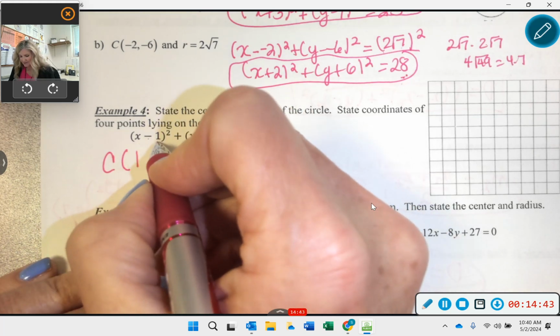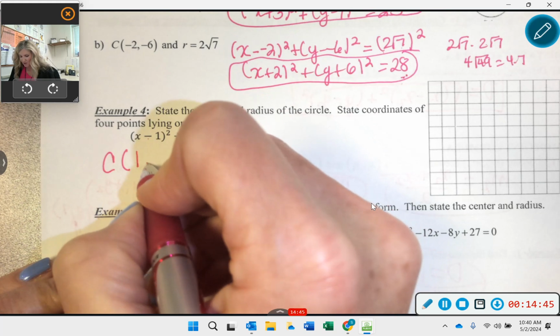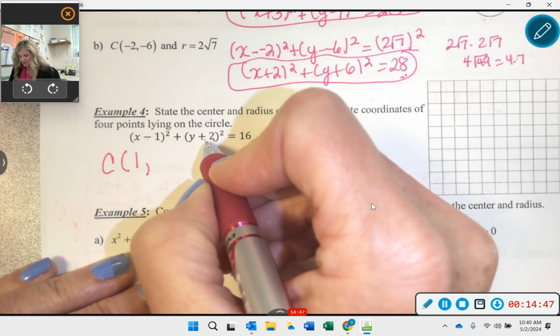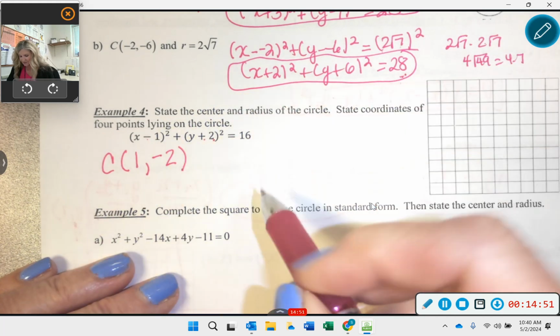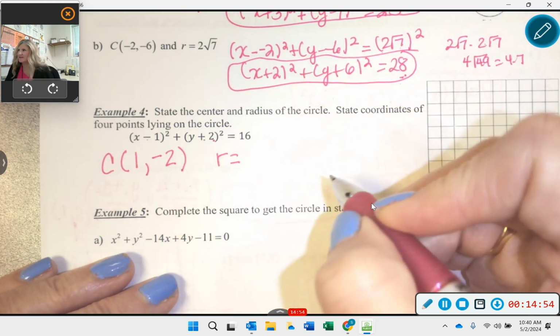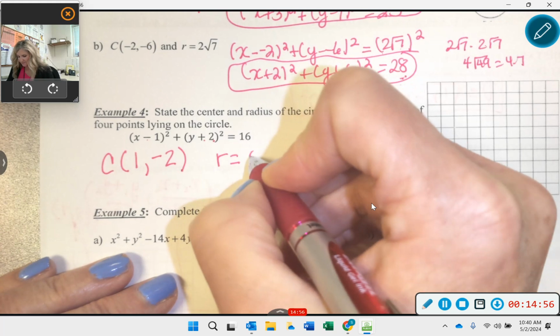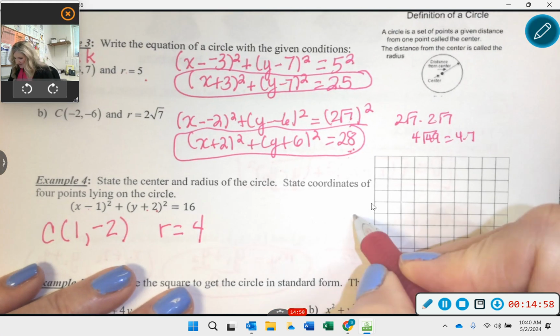It says −1, so that means that h is 1. This is +2, so that means that the k value had to be −2. And then what's the radius going to be? 4. We're going to go ahead and graph this.